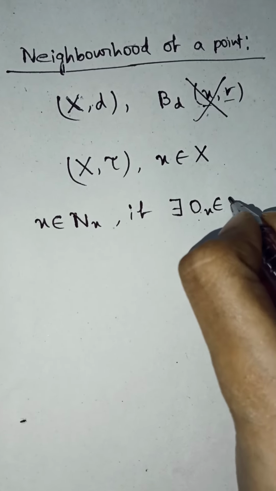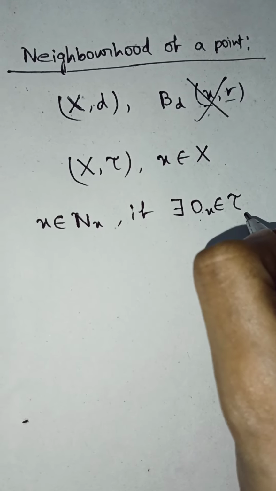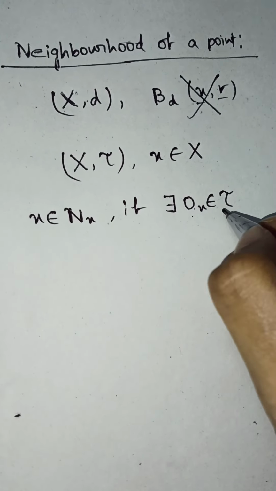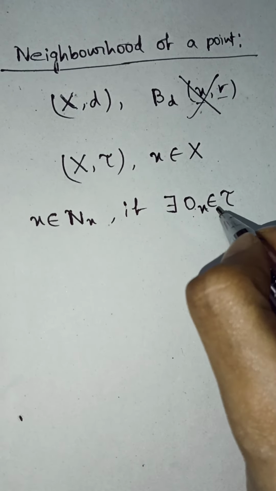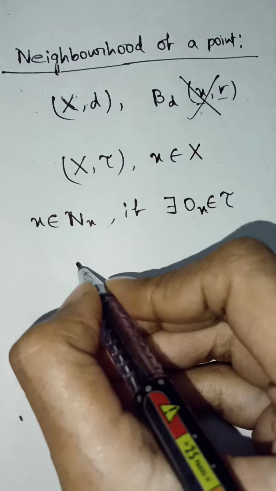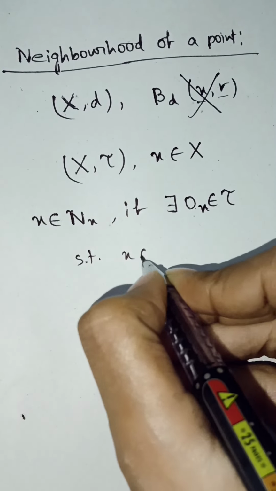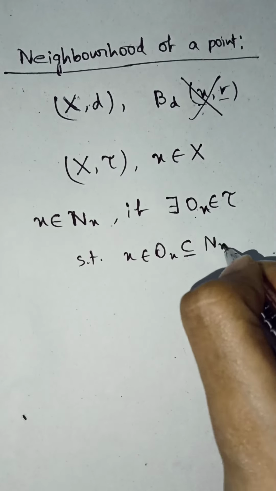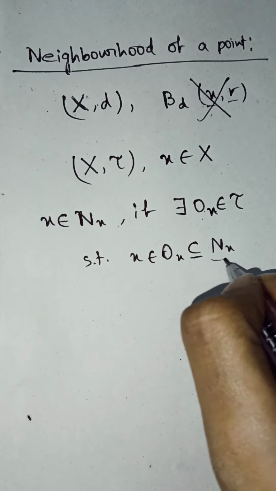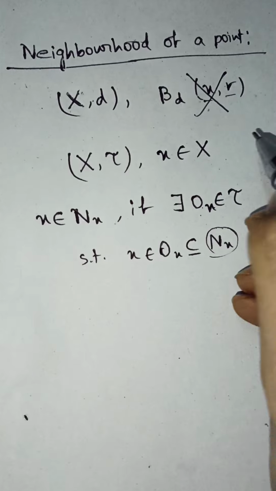Since it is open, it must belong to tau, since tau is the complete list of all open sets of X. So if there exists an open set Ox in tau such that x belongs to Ox, which is a subset of Nx, then Nx is said to be a neighborhood of the point x.